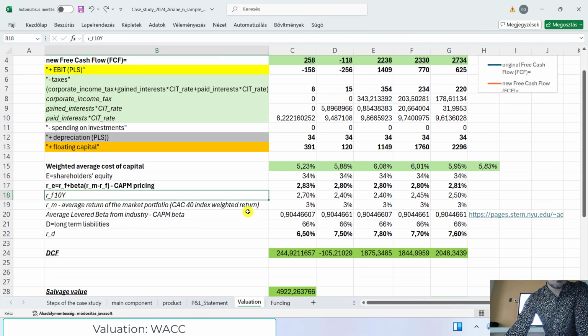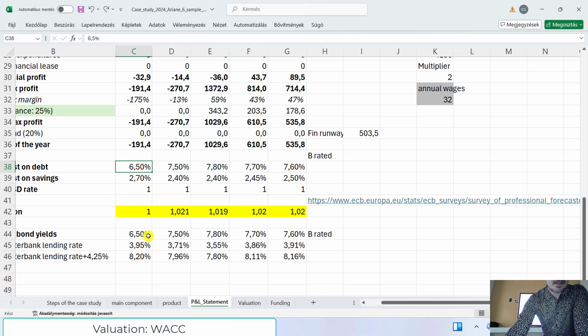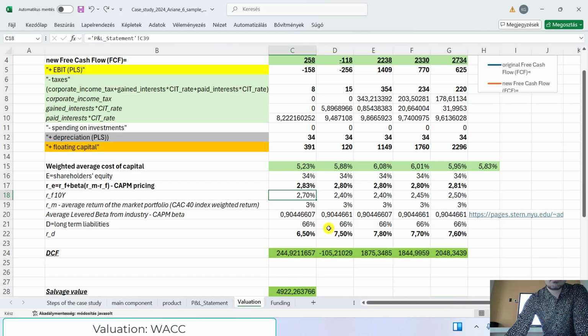And also we have the 10-year yields, but this is coming from C39. Yeah, interest on savings, so it's imported just, and 10-year yields.